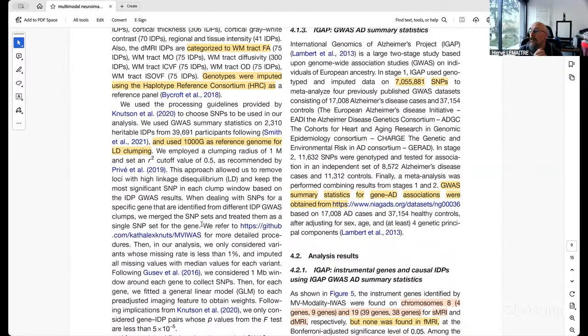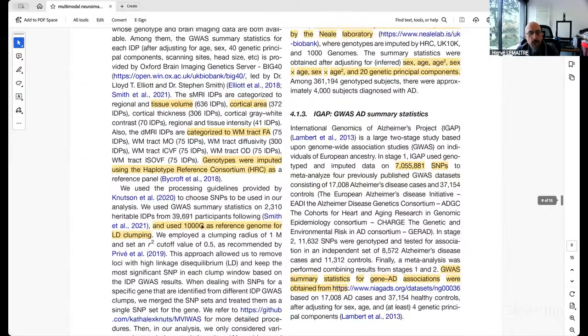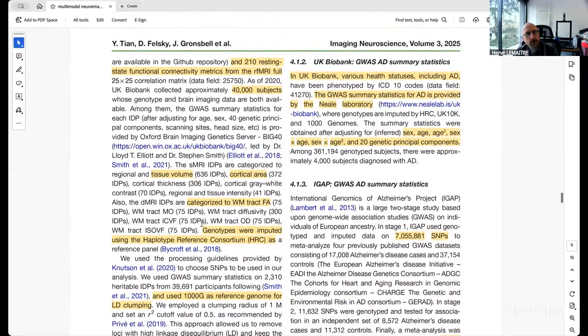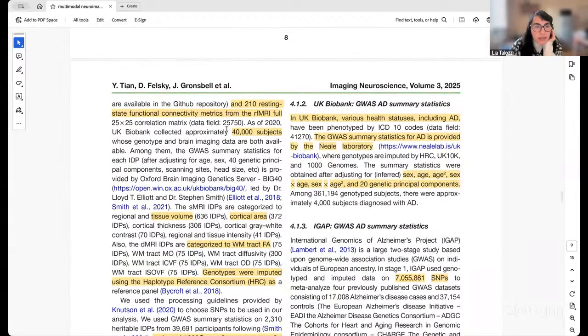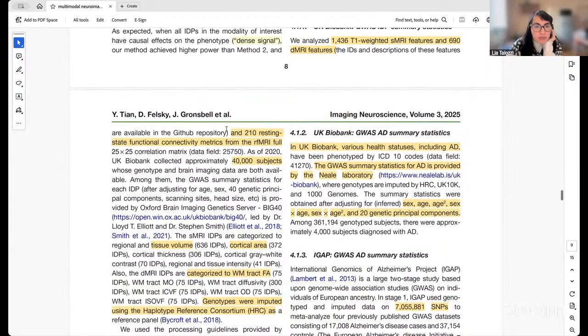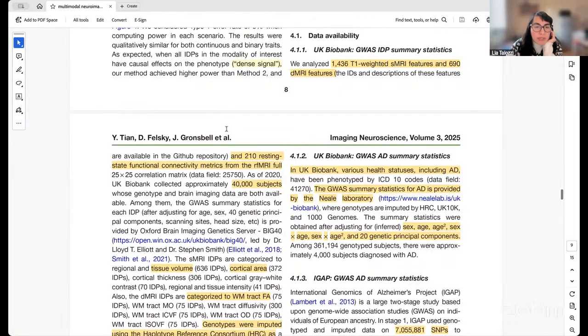Okay. So they look at the connectivity matrices. Well, maybe yes, as you say, maybe some more work. Ah, here: 210 resting state functional connectivity metrics from resting state fMRI. Okay. Yes, I believe maybe something more targeted.